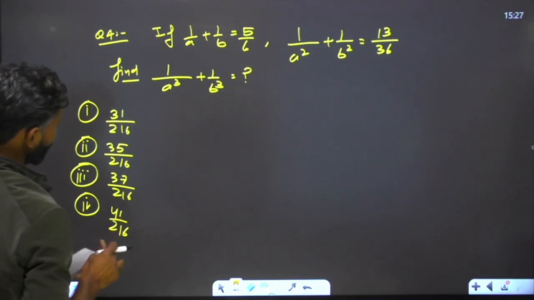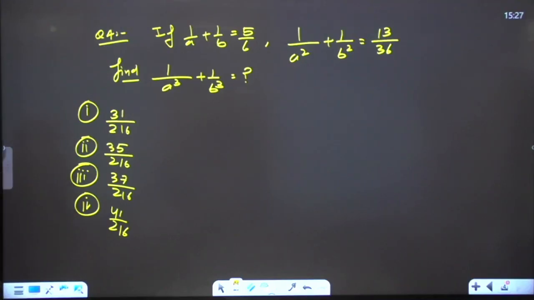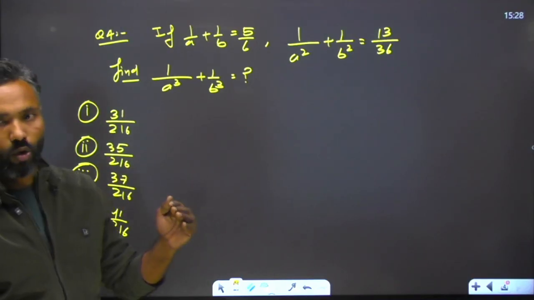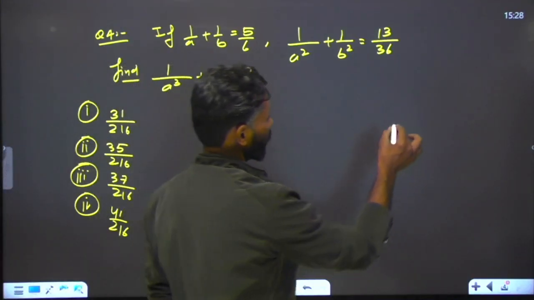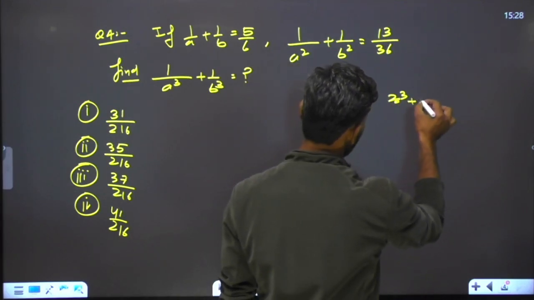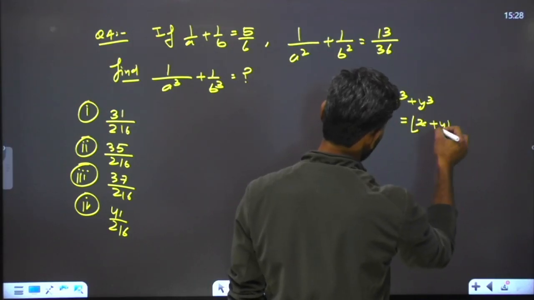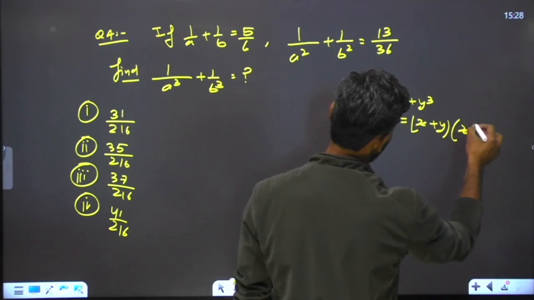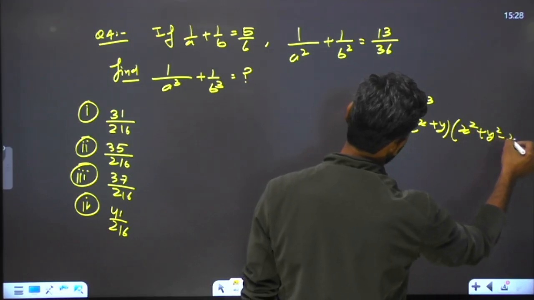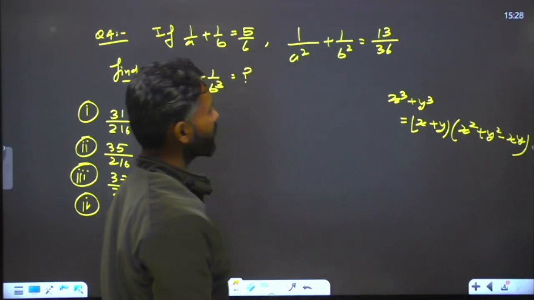These are the 4 options. If you know the formula x cube plus y cube, this is an algebraic identity, and it can be expanded as (x plus y) within bracket (x square plus y square minus xy), then you can easily simplify this question.